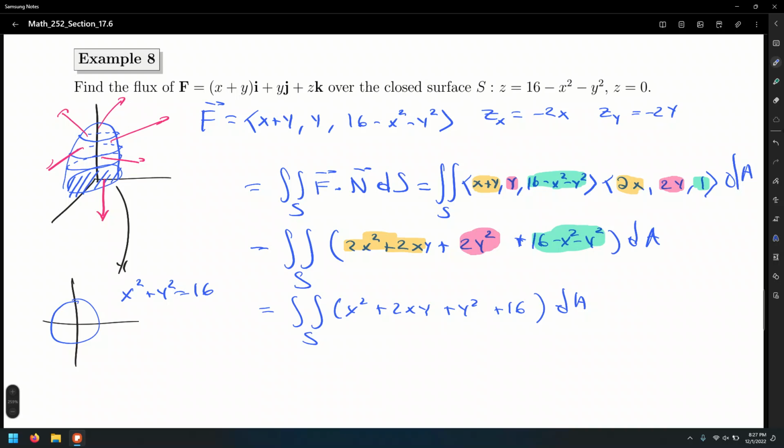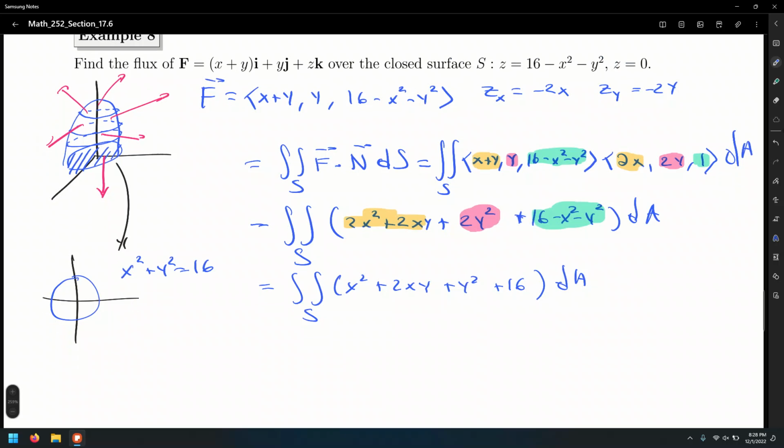Which is a circle of radius what? 4. Radius 4. Okay, again, did you see the pattern here? We're integrating over a circular region. What's the best thing to do here? Convert to polar, all right?